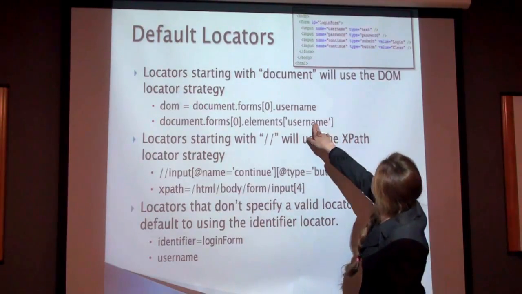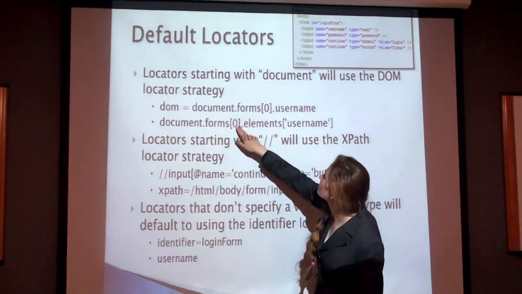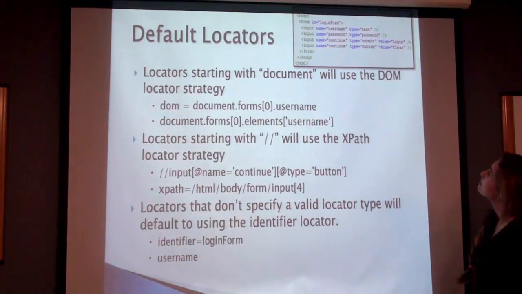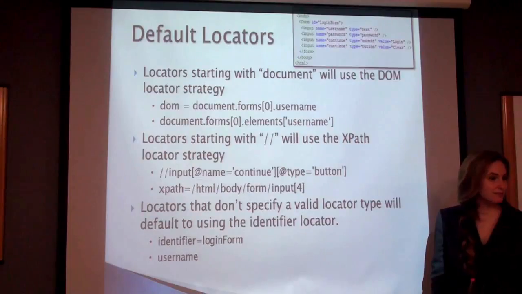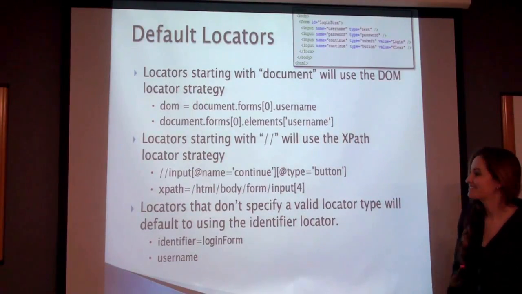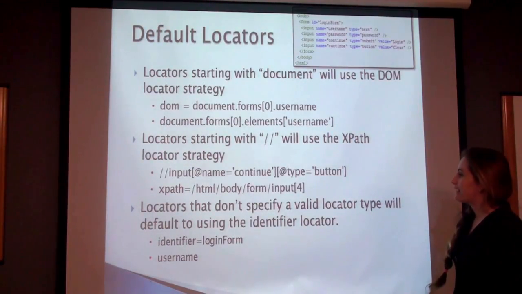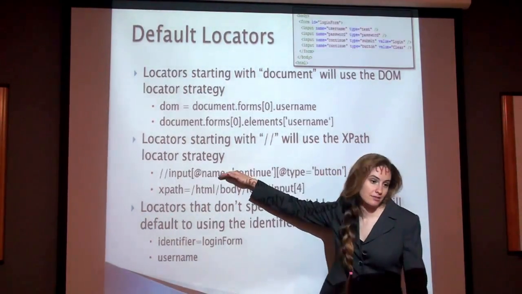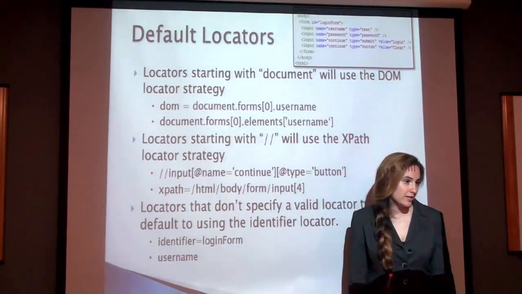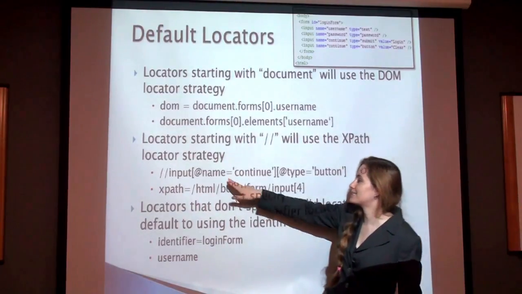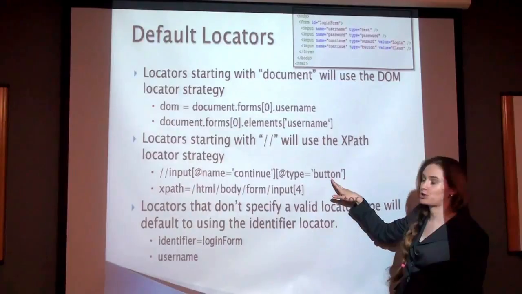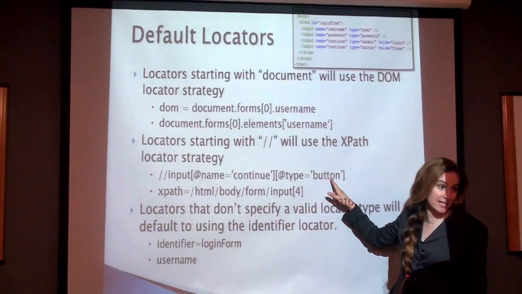What about this one? Same thing, right? All right. What about, let's look at this XPath. It's relative, that means we kind of have to see if we can find something with this name, and then find something that also has this type.